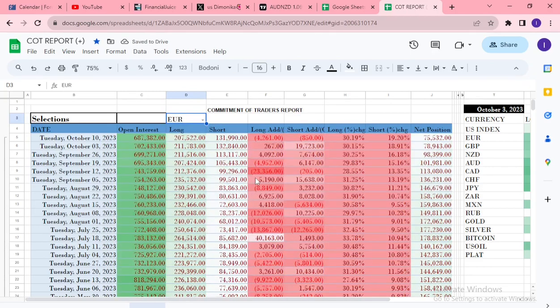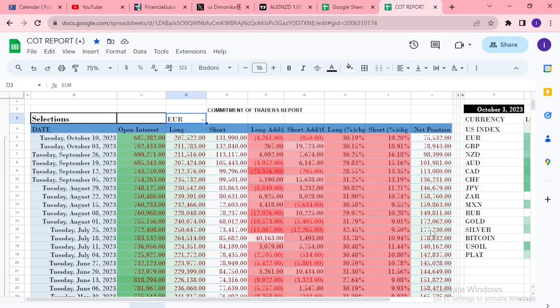So you can see from the data, from the previous and the current data, that the euro is backtracking.